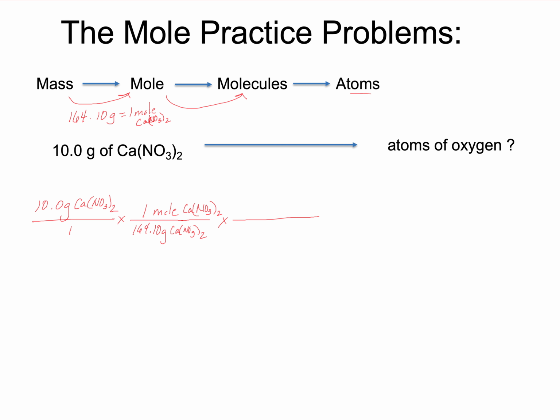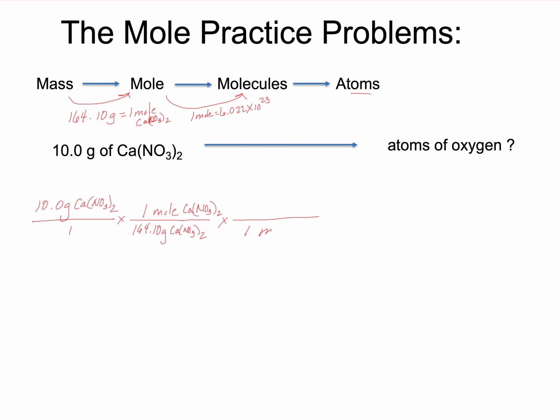So this is where your conversion of moles to amounts in numbers of something takes into account. For every 1 mole of a substance, you know that you have 6.022 times 10 to the 23rd of them. So in this particular case, we can use that as a conversion factor here.